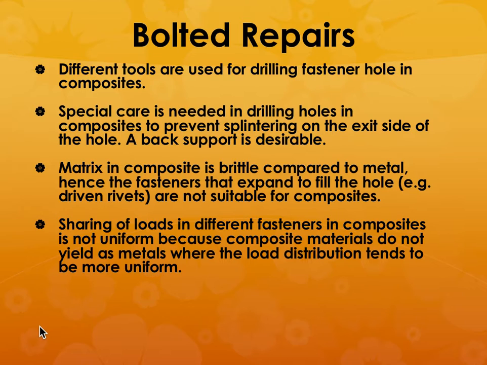But if you are going to be bolting it on, you have to make sure that you're drilling a hole into the composite structure, and you have to make sure that the drilling process prevents the splintering on the exit side of the hole.